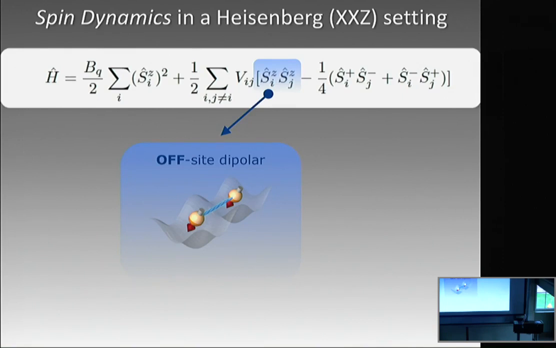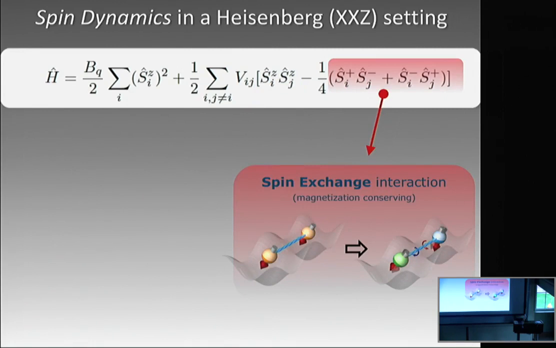The dynamics is more in this spin exchange term, which also has a dipolar character, and in this case it's a direct term. The spin exchange interaction is magnetization conserving. What it does is that the atoms are not moving, as you know, but just the spin degree of freedom can move, as a spin excitation due to the dipolar interaction.